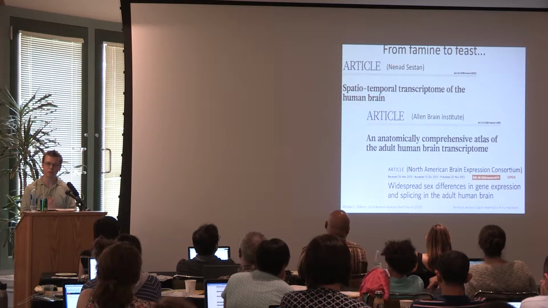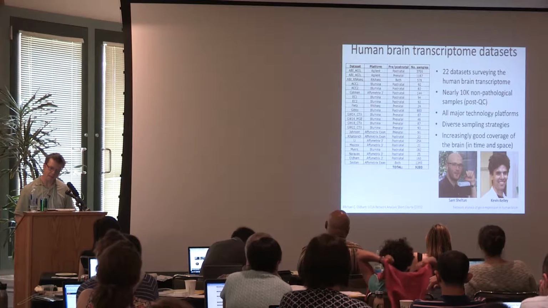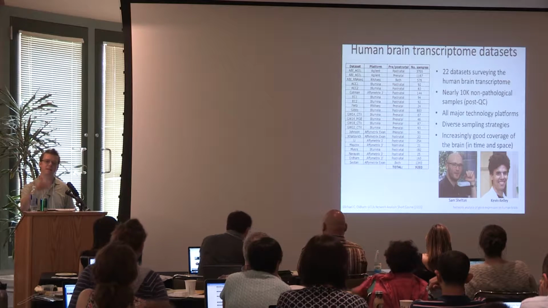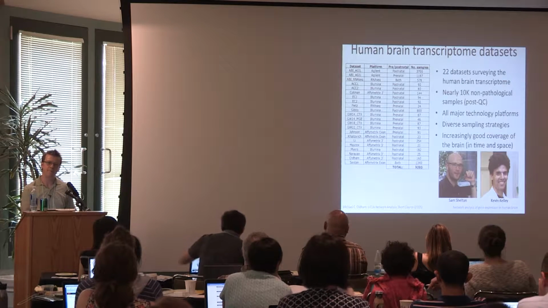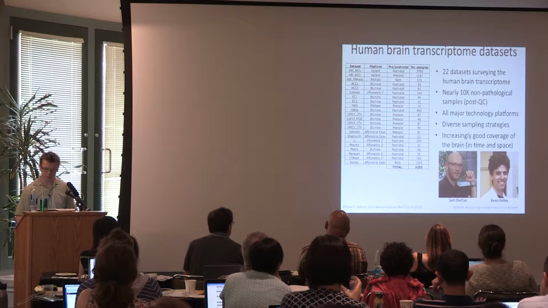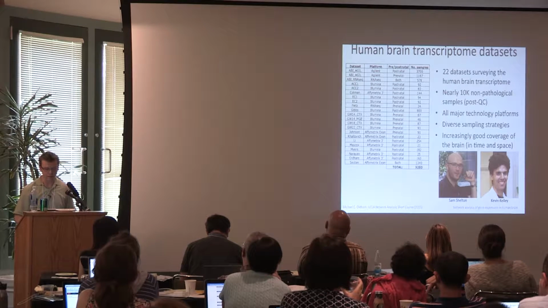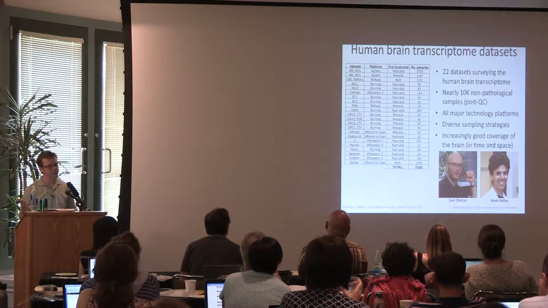We can do things that were never possible before. So in my lab, we've been kind of systematically cranking through these data sets and trying to sort of map what are the patterns that we see and where do we see it. These are my 2 lab members who have been working on this. This is not even a complete list, and it's already up to almost 10,000 samples from human brain.